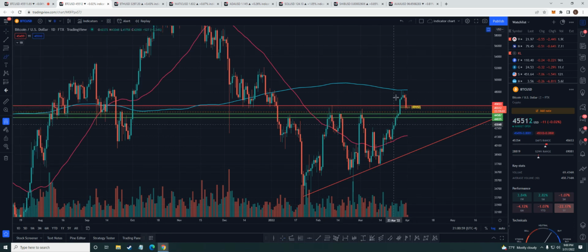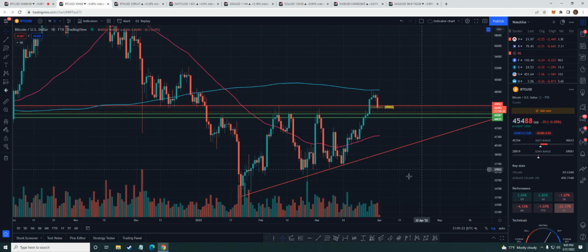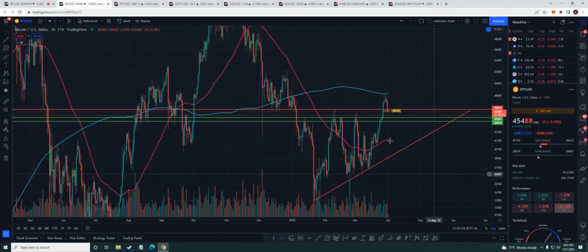We talked about when we were up here that there was a possibility that we could come up and then retest this area, and then bounce. And we talked about, I believe it was the 45,800 or 45,500 area, which we currently got a little bit below. But I told you guys, if we come down just a little bit farther in this area, it's not going to be too bad.